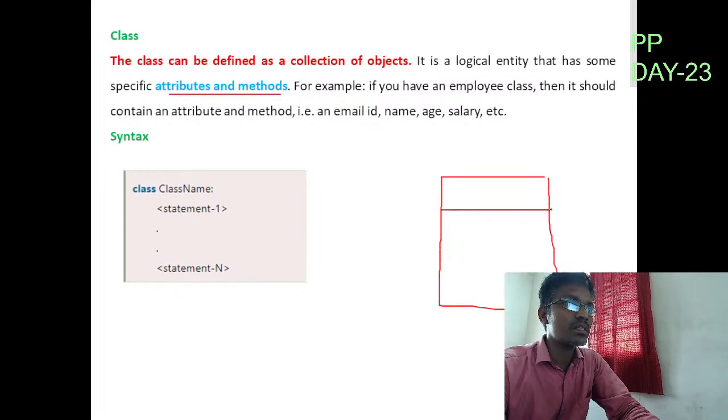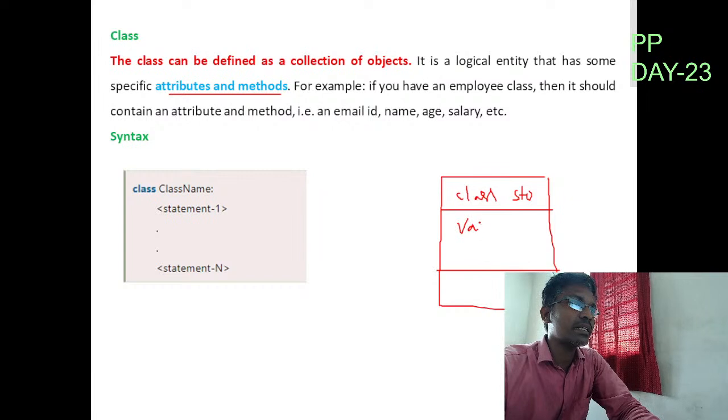For representation, a class diagram will be like this, and it contains the keyword class followed by the class name. The class name is an object name. Let us take a student. Student is an object, and it contains a number of variables.